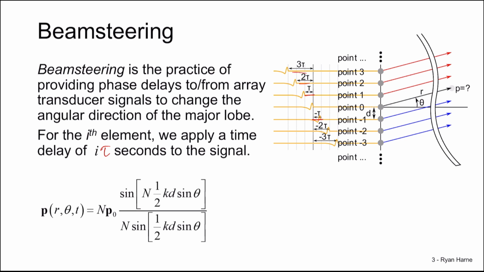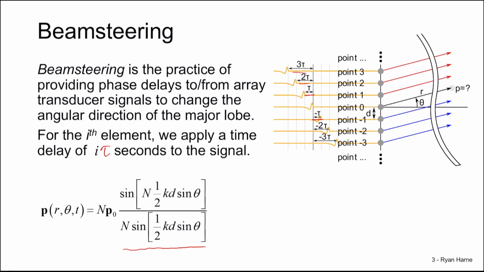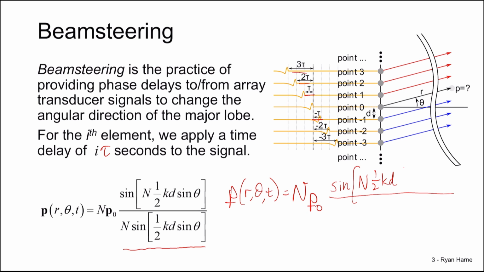So we go from our original beam pattern for the line array to the case where now the acoustic pressure at the field point is equal to N times P naught of a slightly more complex ratio of sine of N times 1/2 kd of sine theta minus sine theta naught, divided by N sine of 1/2 kd of sine theta minus sine theta naught.